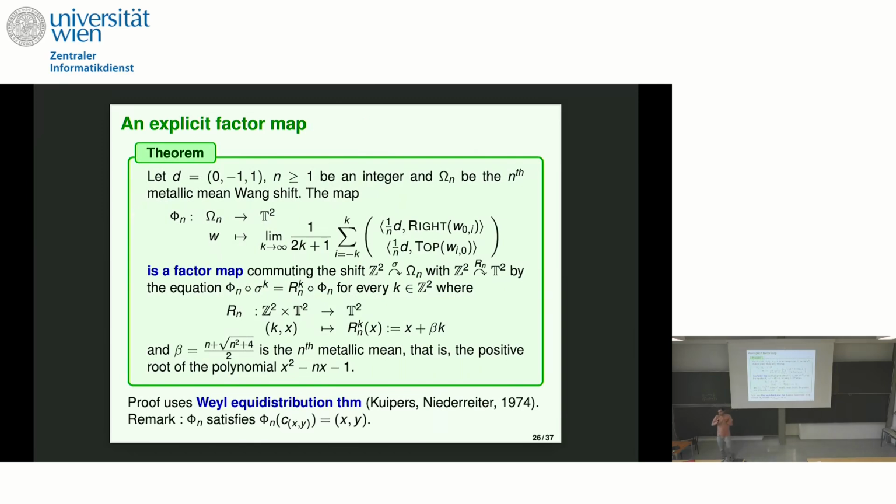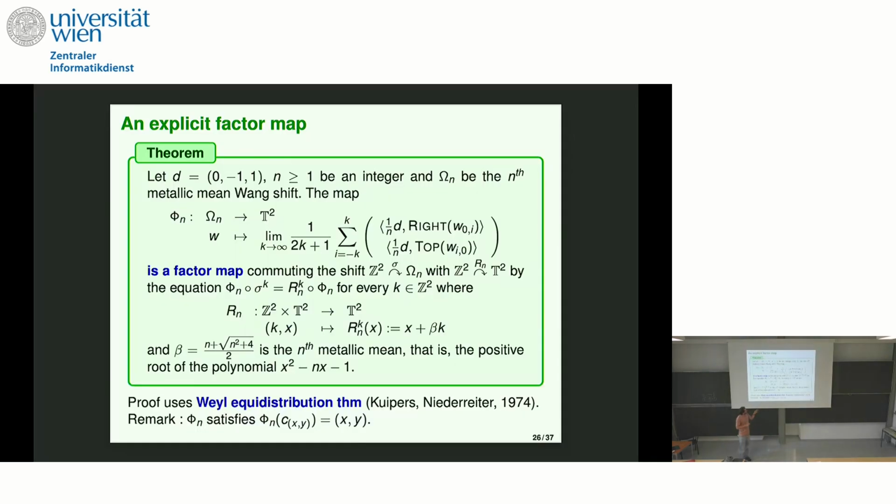This is, let's say, the main theorem. So given the configuration, you can recover the starting point, xy, doing averages. So given the configuration, let's say the top, use it. Top wi0. So this is a line in the configuration at the origin, and you look at the top color, it's a vector.